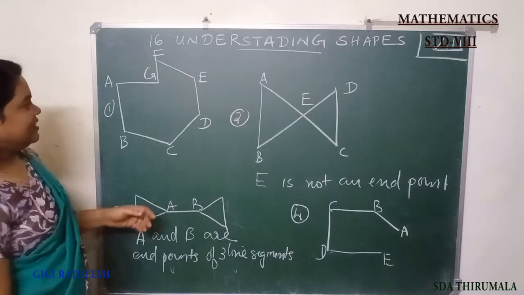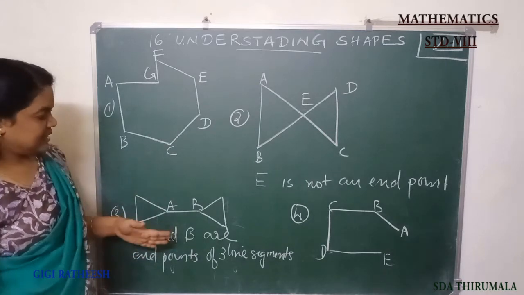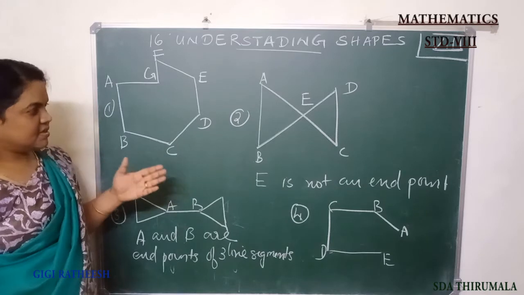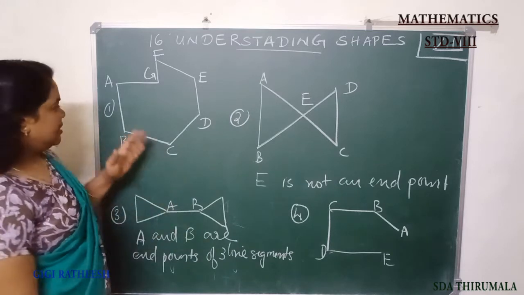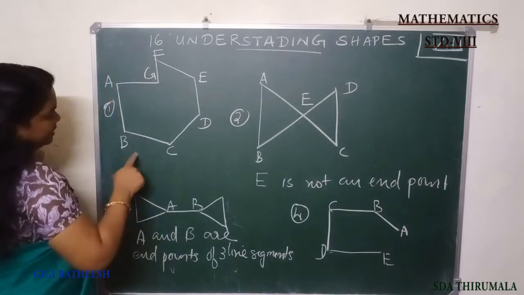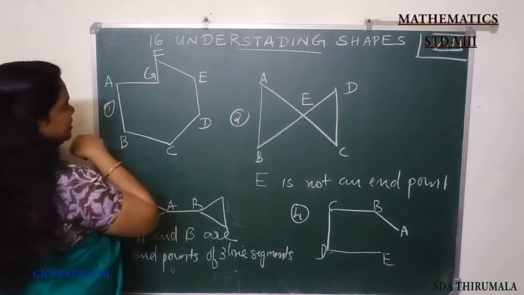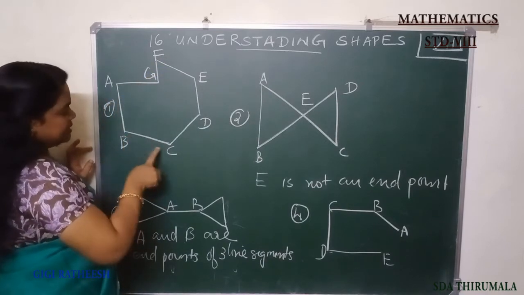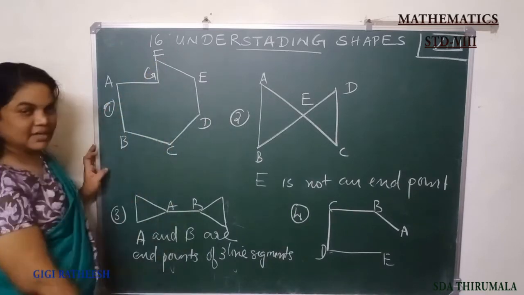Okay, here there are some figures, and we can check whether these figures are polygons or not. Here this is the first figure: A, B, C, D, E, F, G. These are the endpoints. A, B, C, D, E, F, G are endpoints.